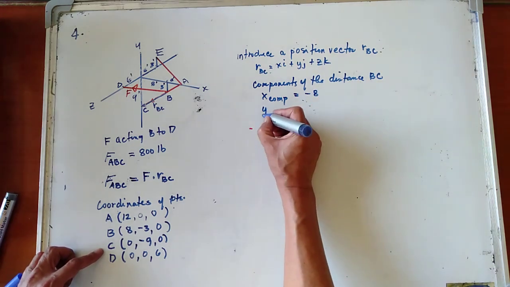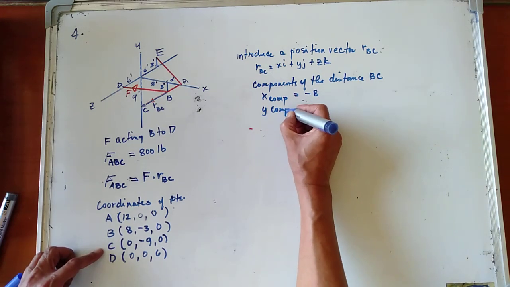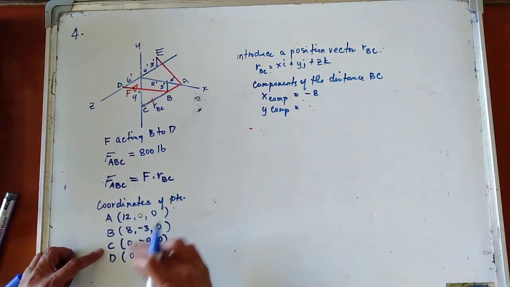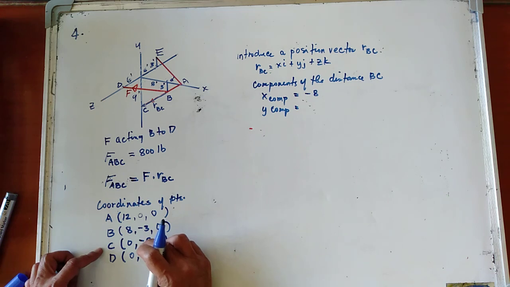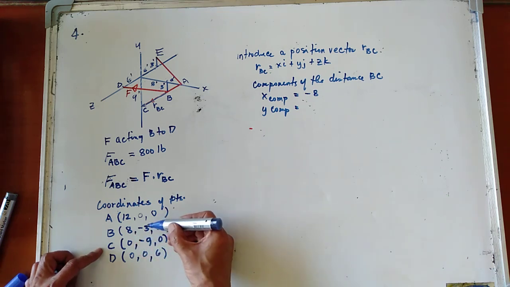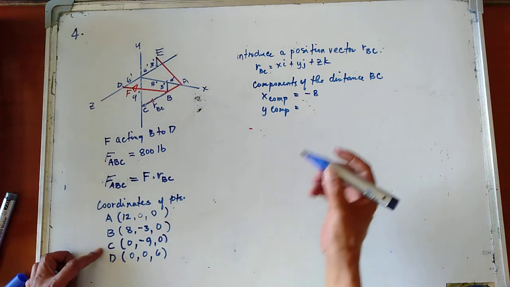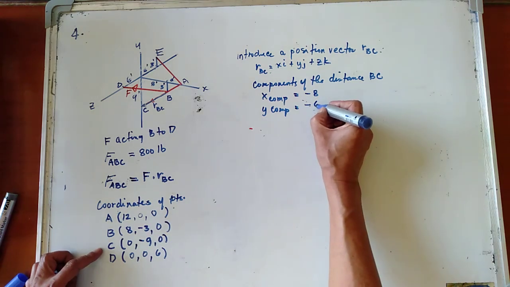The y component of BC is negative 9 minus negative 3, which is negative 6.